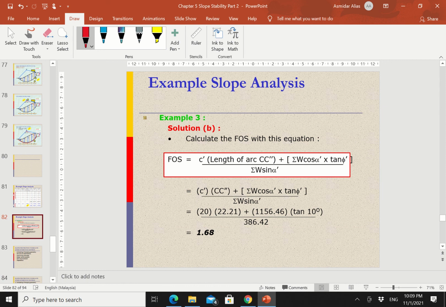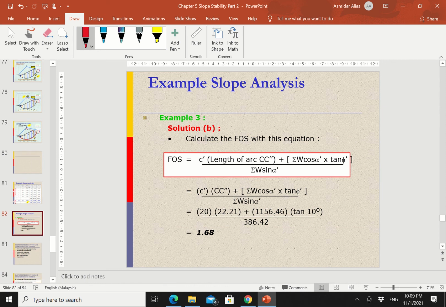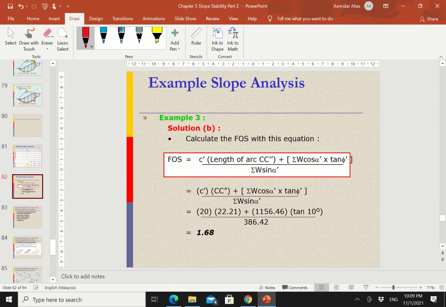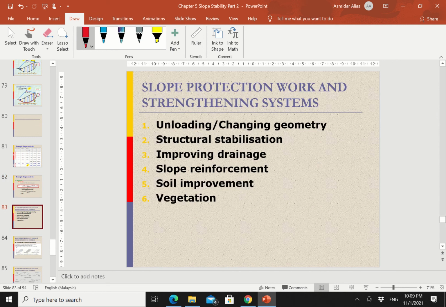So next, use this information, put it inside the equation, and then you get the new value for F of S. Of course, sometimes they might ask you the question for tension crack with water. So use the equation given, because the modification we have already done, but right now you need to put in another equation for modification with tension crack with water.